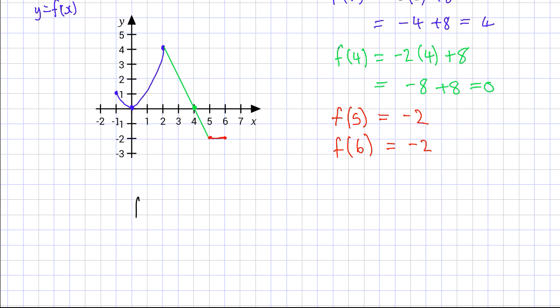So my range f(x), the lowest is minus 2, which is here, and the highest point it goes up to is 4. So the lowest is here, and the range is all the way up to 4. So this is the range there. So minus 2 is less than or equal to f(x), which is less than or equal to 4. So this is my range for this function here.